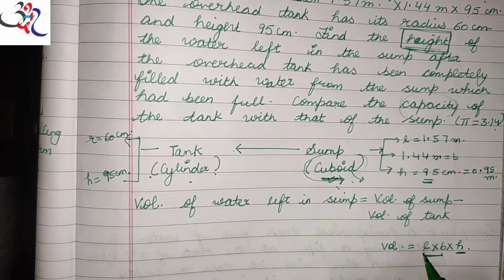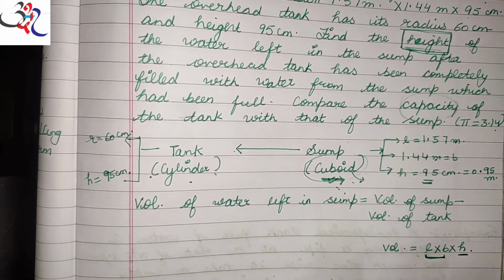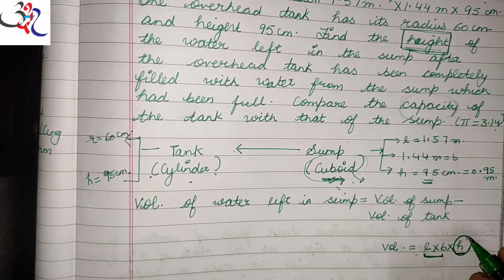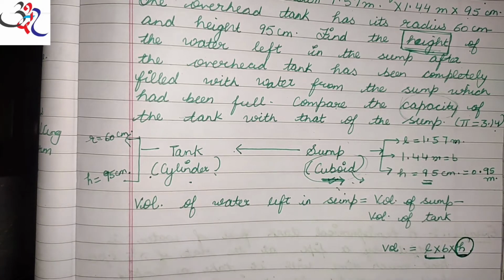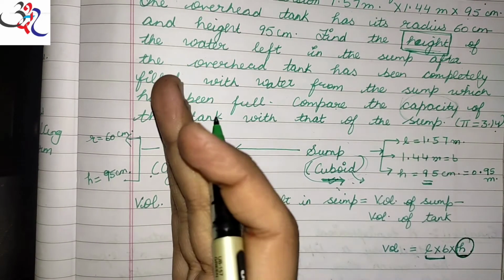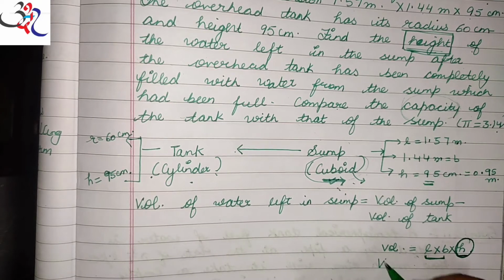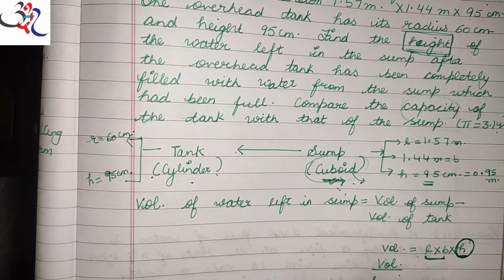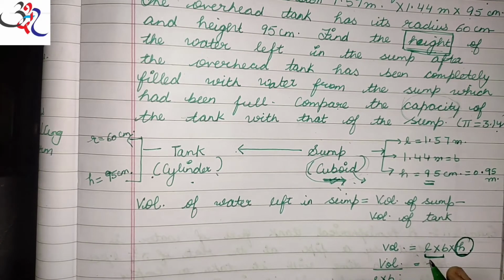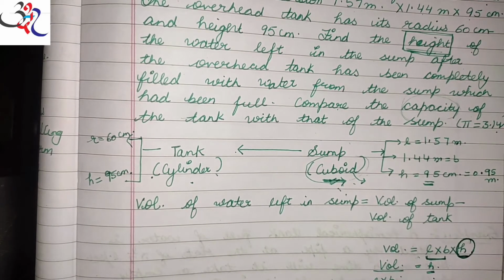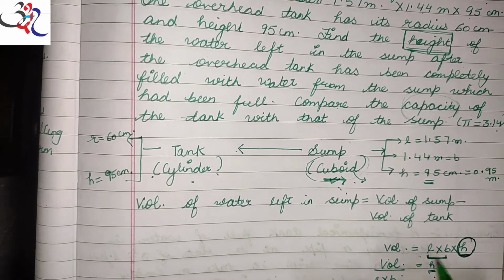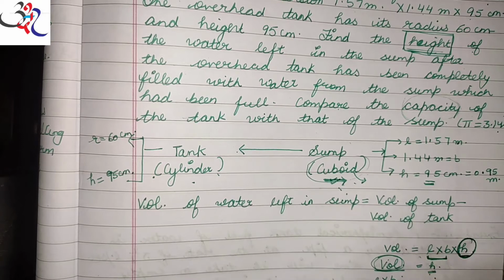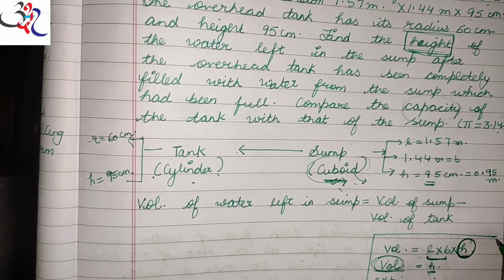See, the container's length and breadth will remain the same, but the only difference will be in the height, because the height of the water will get reduced when it pumps water into the tank. So if I divide the volume by length into breadth, then I will get the height, right? So this is the volume of the water left in the sump divided by length into breadth.